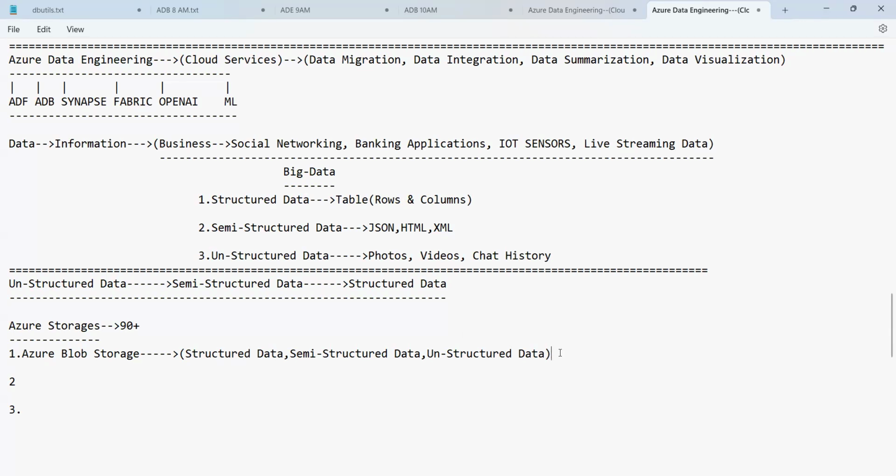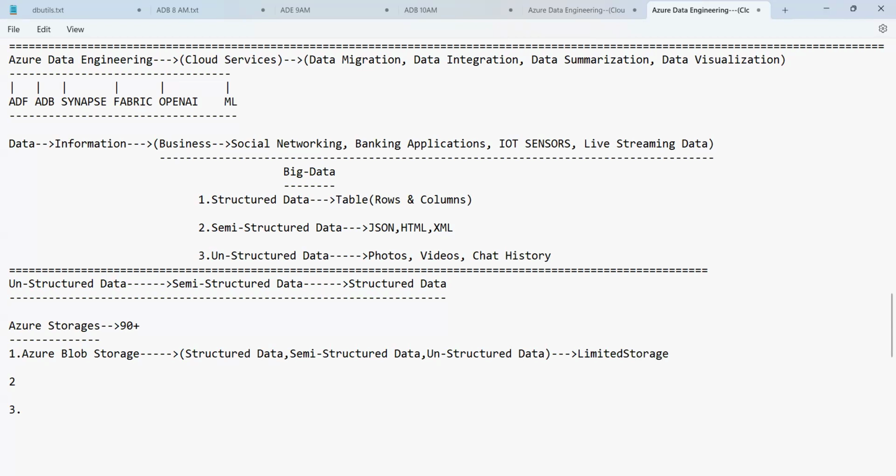But here, there is a drawback. What is the drawback? It is called limited storage. That means there will be a limit for storing the data.